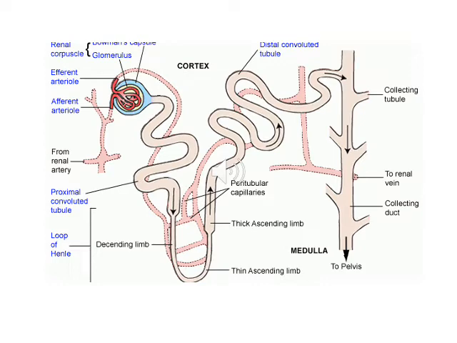This encloses a cluster of microscopic blood vessels which is called the glomerulus. This capsule and the glomerulus together constitute the renal corpuscle. So, the renal corpuscle comprises the glomerulus as well as the renal capsule, the Bowman capsule.